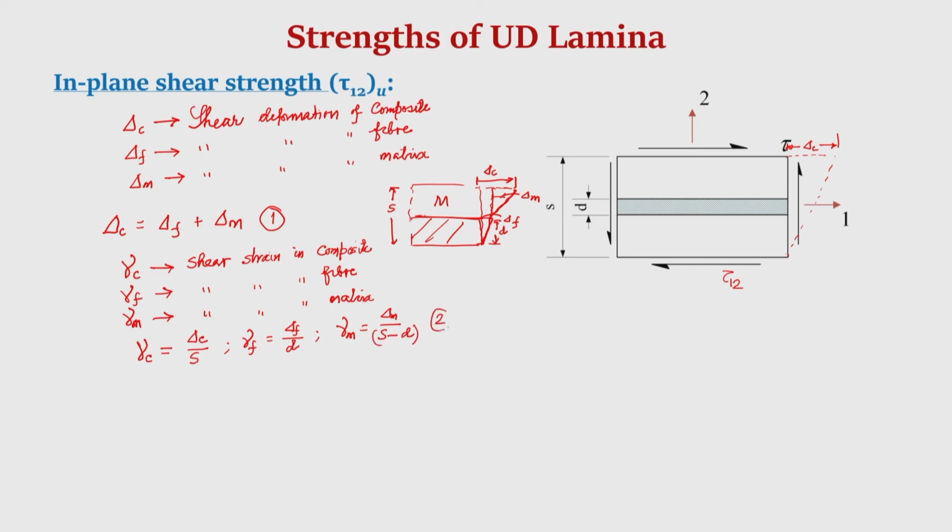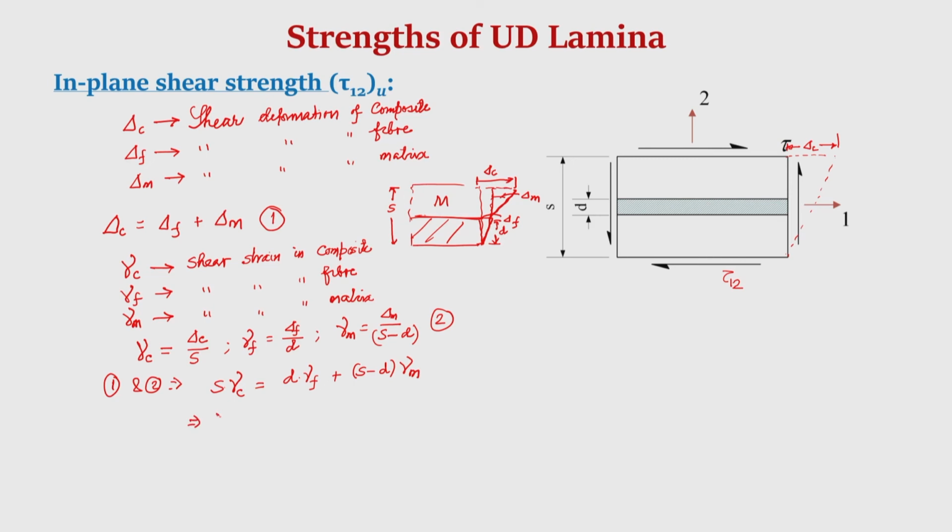So, using this in 1 implies S into gamma C is equal to d into gamma F plus S minus d into gamma M.